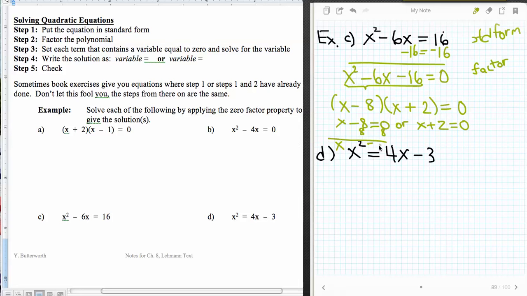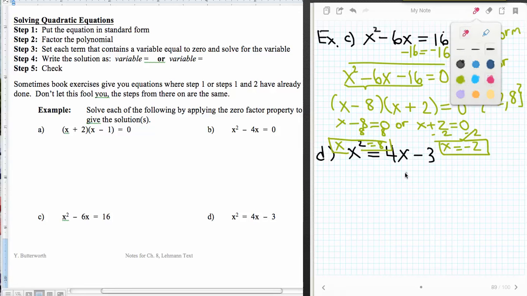So x is equal to 8, and here we add the opposite of 2, which is a negative 2, and so here x is equal to a negative 2. And so another way, remember, of writing it, we could write it as a roster. x is equal to negative 2 or 8 there, like that, or with the variables, we can write it this way. So just pay attention to how you're asked to write that.